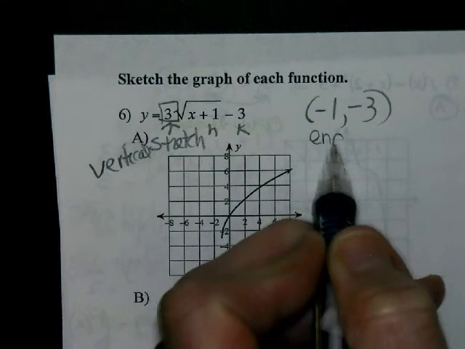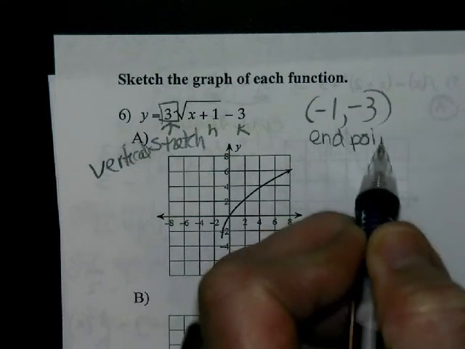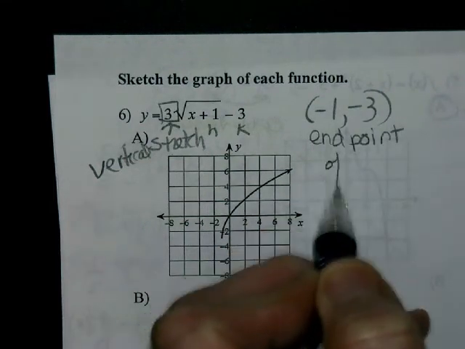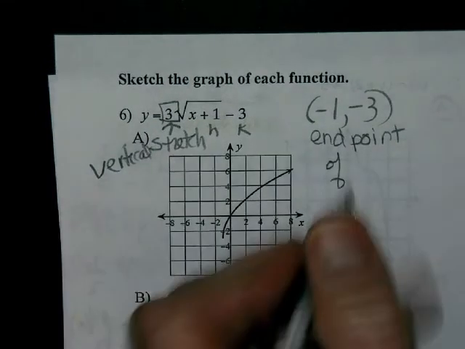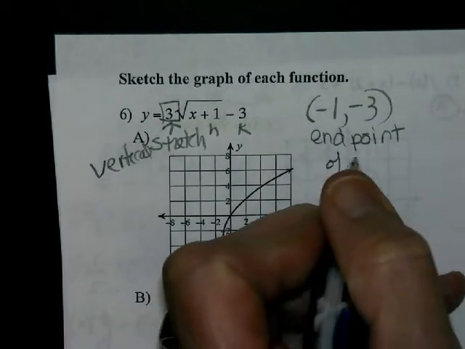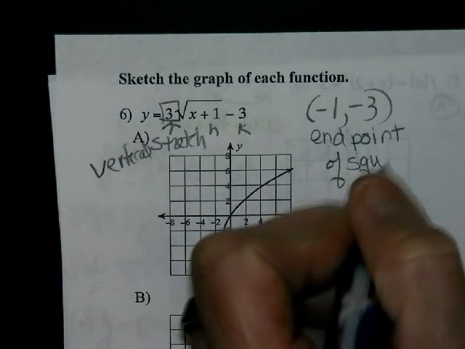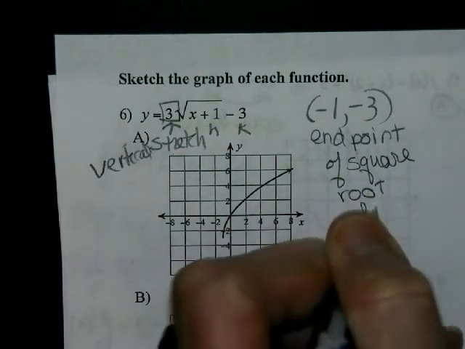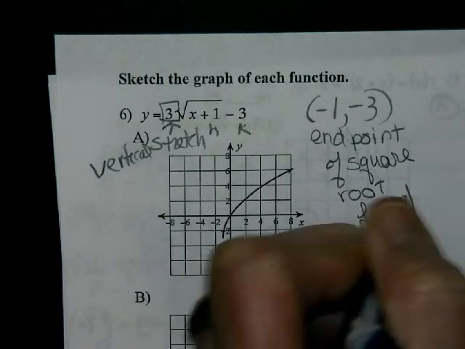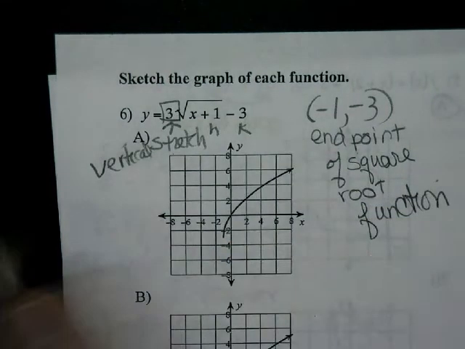So you can count 3 up, 1 over from the endpoint. This is the endpoint of the curve, the square root function. That's where it starts.